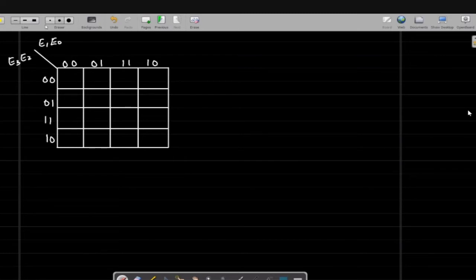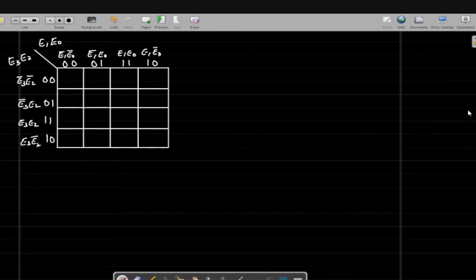Because we are using the minterm approach, we can also write it like this: E1 bar E0 bar, E1 bar E0, E1 E0, E1 E0 bar. This is corresponding to E3 bar E2 bar, this is E3 bar E2, this is E3 E2, and this is E3 E2 bar.